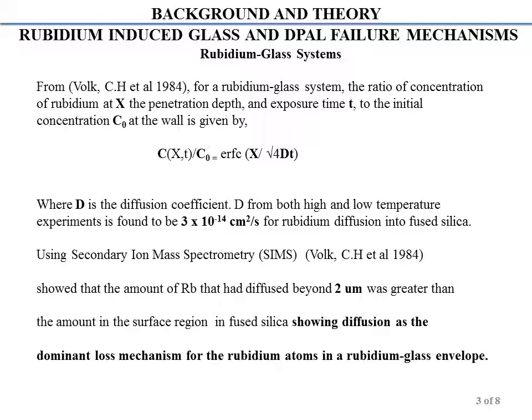Using secondary ion mass spectroscopy, or SIMS, C.H. Vogt determined that the rubidium had diffused beyond 2 microns of the surface region. What this shows is that diffusion is the dominant loss mechanism for rubidium atoms in a rubidium glass envelope.